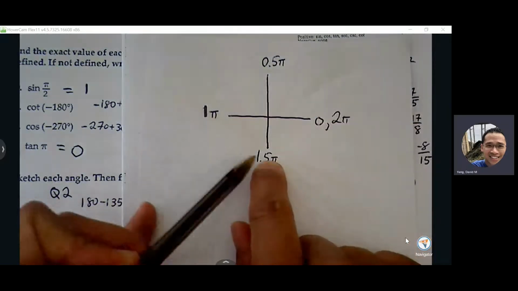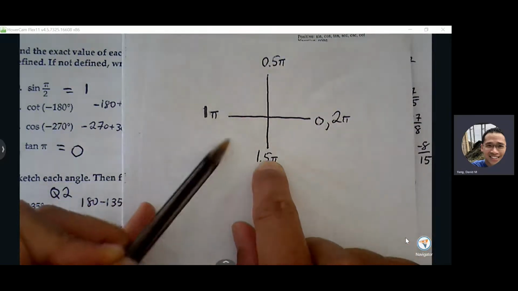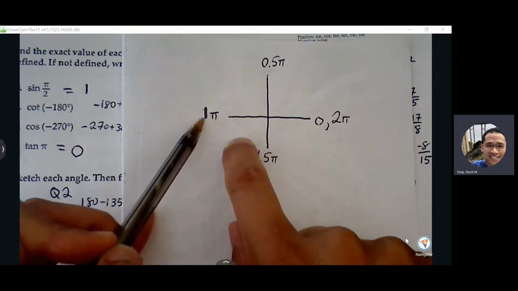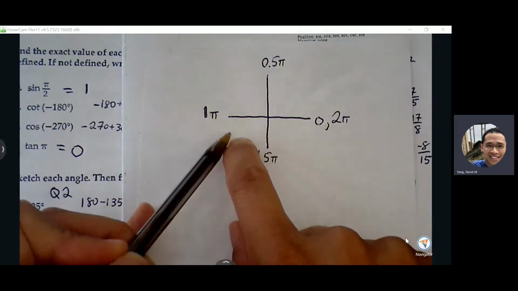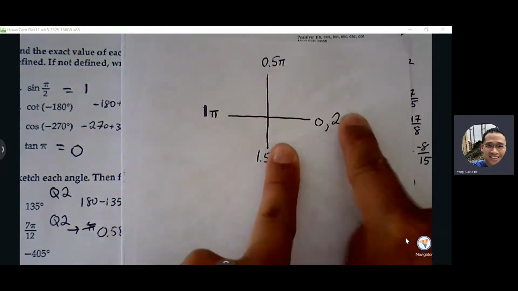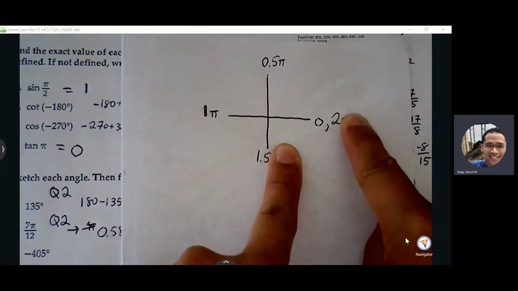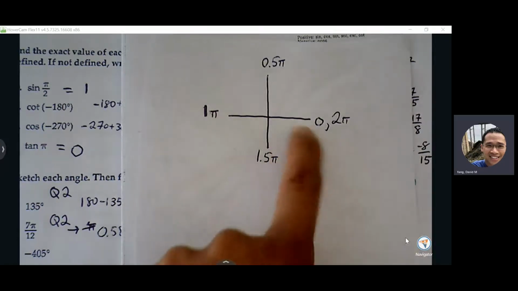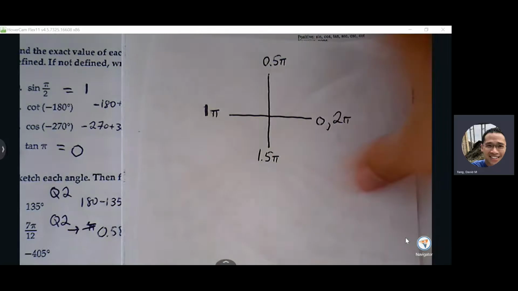Any decimal value between 1 and 1.5 is going to be in the third quadrant, and you're going to subtract pi to get to that reference angle. Anything between 1.5 and 2, again, we're doing all this without the pi, will be in the fourth quadrant. If something's in the fourth quadrant, you'll subtract from 2 pi.